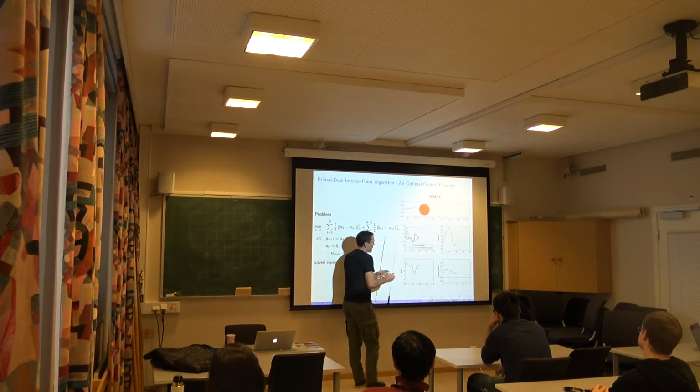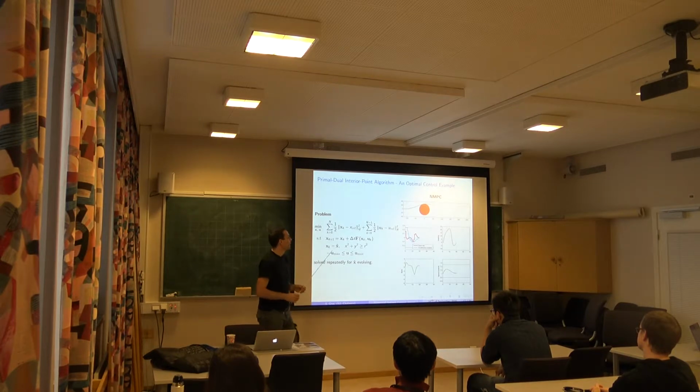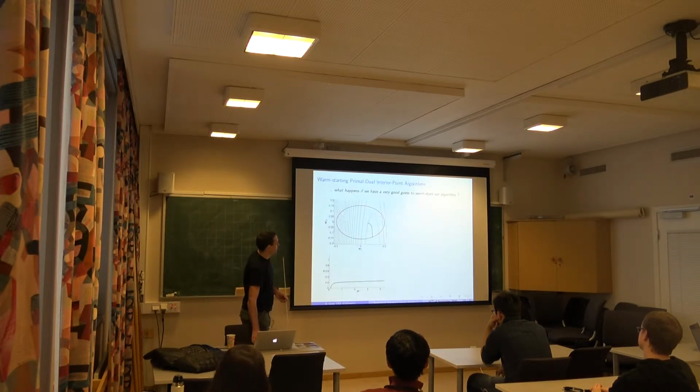The other source would be disturbances on your system, so if the trajectories are not doing exactly what the model was predicting. But if things go well, the sampling time is pretty high, and you don't have massive disturbances in your real system, you're essentially solving the same problem over and over again. So obviously there's something to do about it.